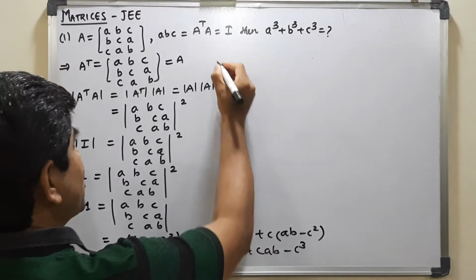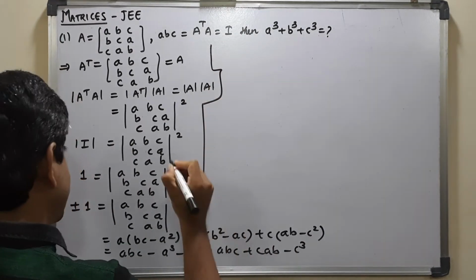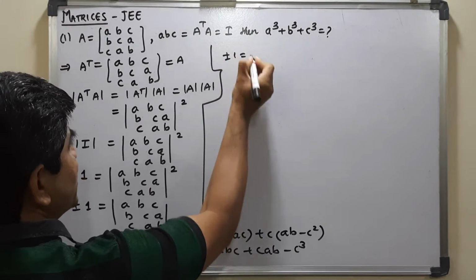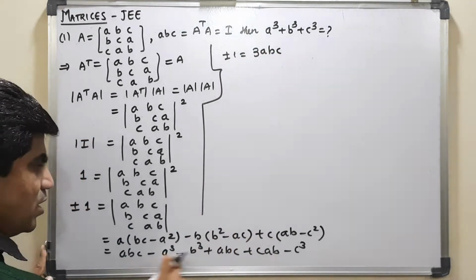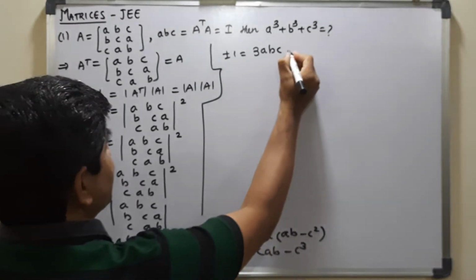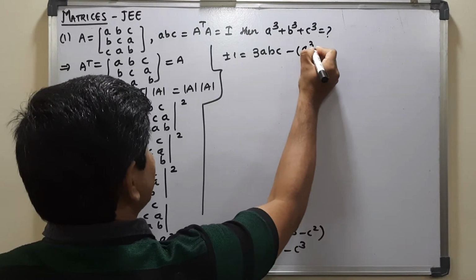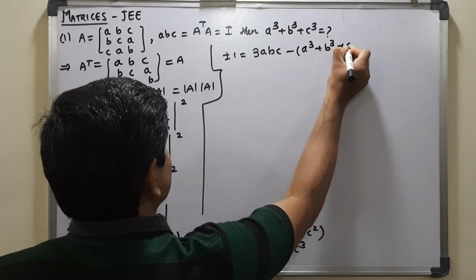That means in short what I get here is plus minus 1 is equal to 3ABC, if I am not wrong, yes, 3ABC minus bracket A cube plus B cube plus C cube, that is required.